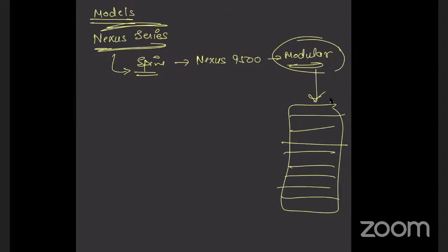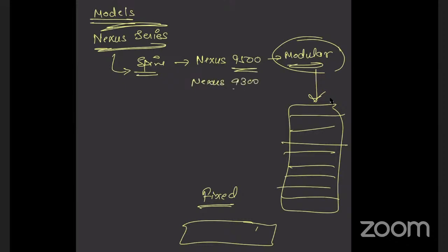Then there are fixed switches, where you cannot insert a module. And then you will have one or two models from NEXUS 9300 as well, which are known as baby spines.